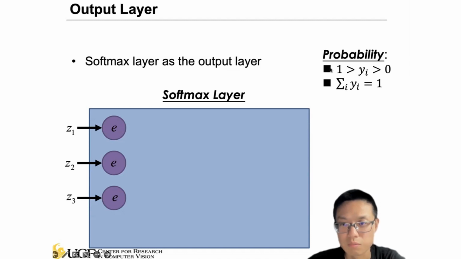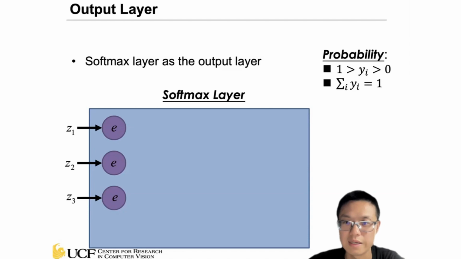If we are using probability as interpretation, we can specify the output should be a value between 0 and 1. And because it's a probability, we have the property that the sum of them should be equal to 1. We consider all the scenarios, and the sum should be equal to 1. In this case, it's going to be much easier to interpret.